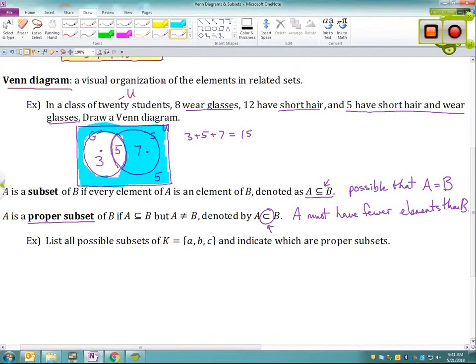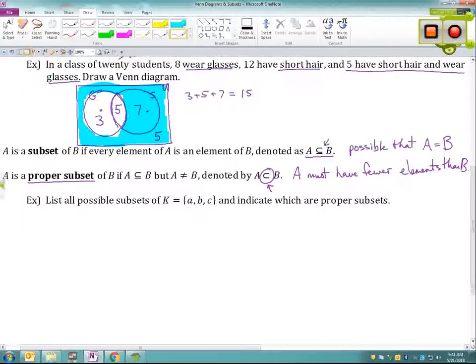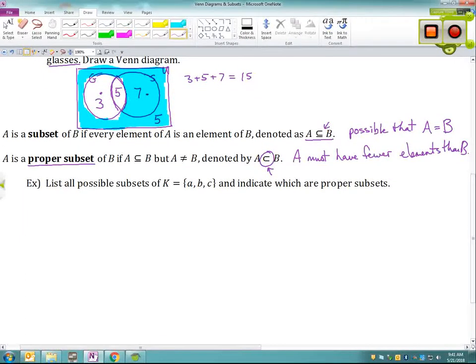Okay? So here we're going to look at an example. Set K is the set of letters A, B, and C, and we want to list all of the possible subsets. And then we'll indicate which of them are proper subsets. All right, so first of all, our subsets could have any number of combinations or number of terms that come from the elements A, B, C. So I'm going to list them systematically, starting with the ones that contain a single element, and then 2 elements, and then 3 that direction.